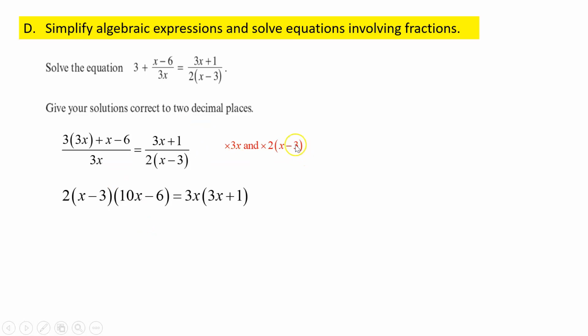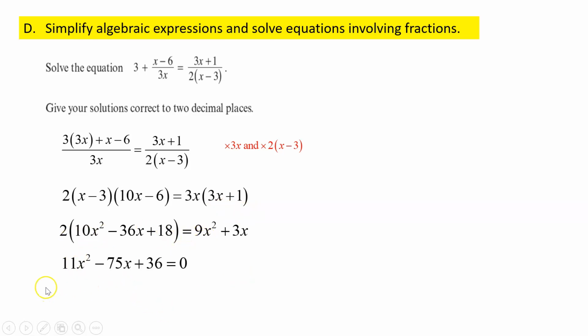Multiply that with 2 bracket x minus 3, and then multiply the right hand side with the 3x with the bracket 3x plus 1. Multiply out on the left hand side, so we've got 10x squared minus 6x minus 30x, giving us minus 36x plus 18, 9x squared plus 3x on the right.